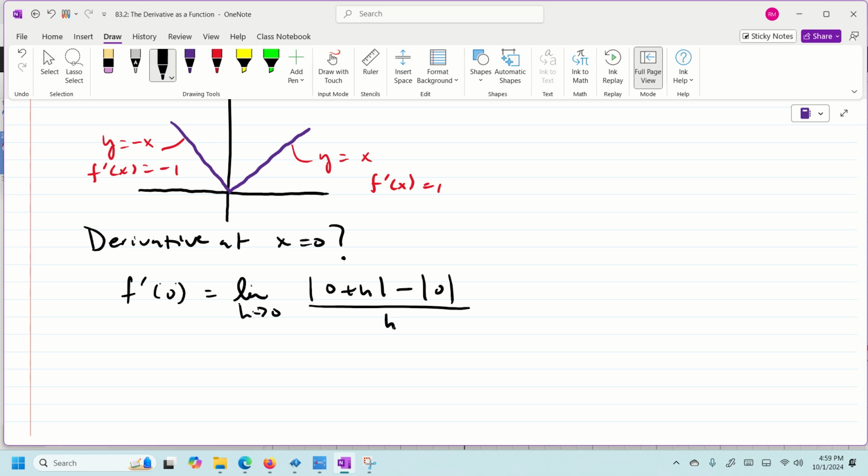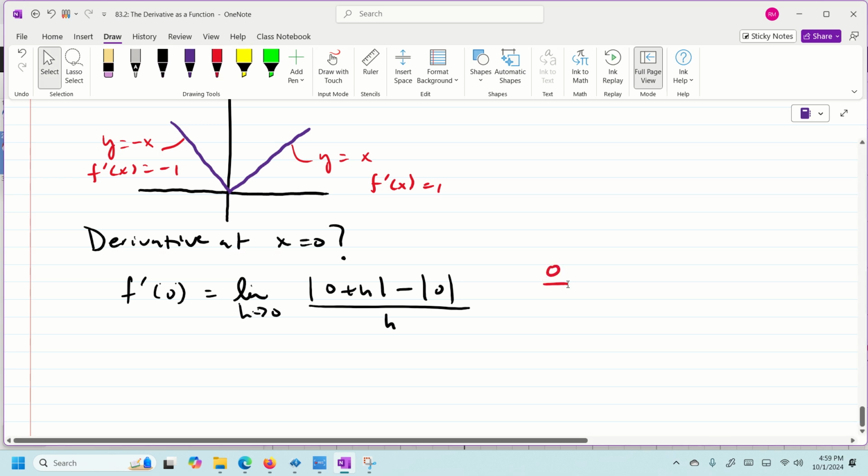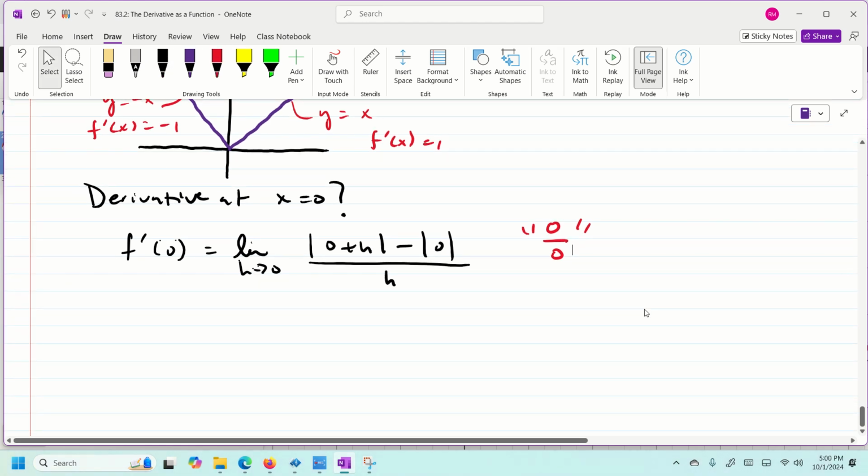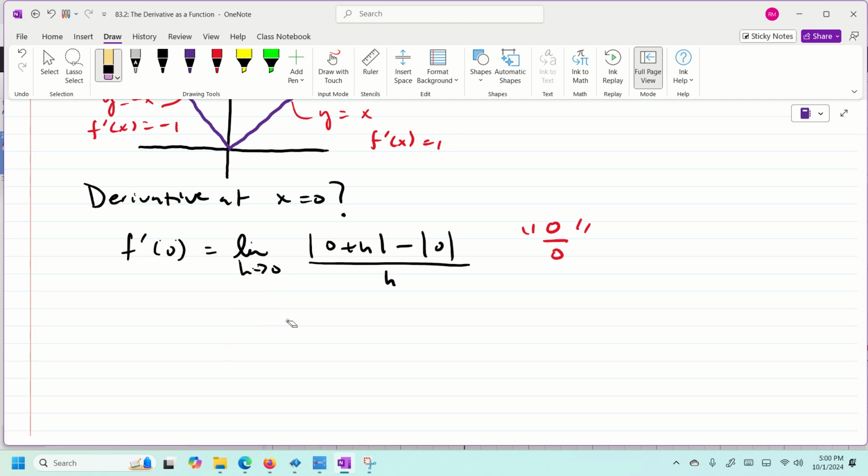Try plugging in 0 for these h's. You would get 0 over 0. That's an indeterminate form. It's not really clear who wins. To get some clarity, instead of taking the two-sided limit, let's look at the limit from the left-hand side and then from the right-hand side.